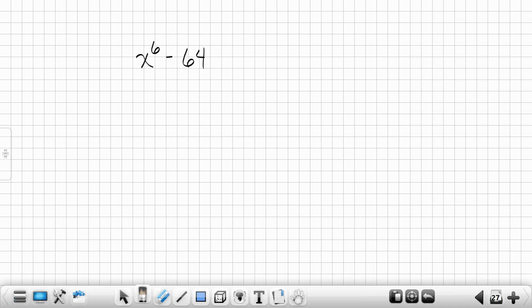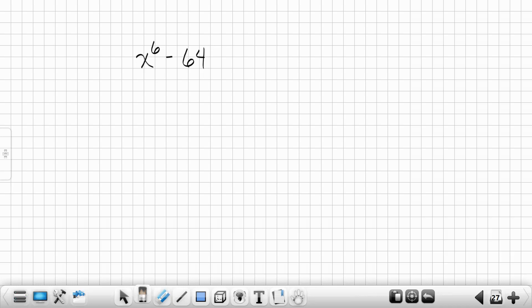Okay, that could match a difference of two squares. Sure. x to the 6th is a square, 64 is a square. Kelsey, what could this match? Difference of two cubes. x to the 6th is a cube. 64 is a cube.